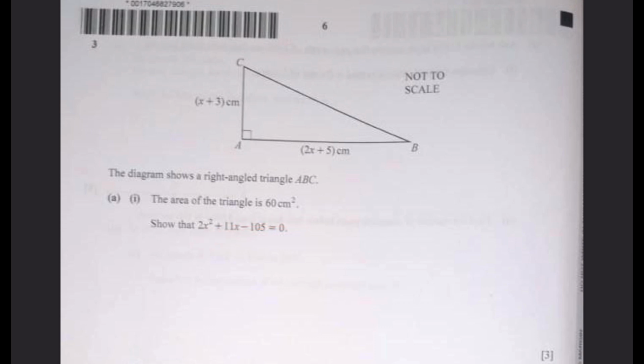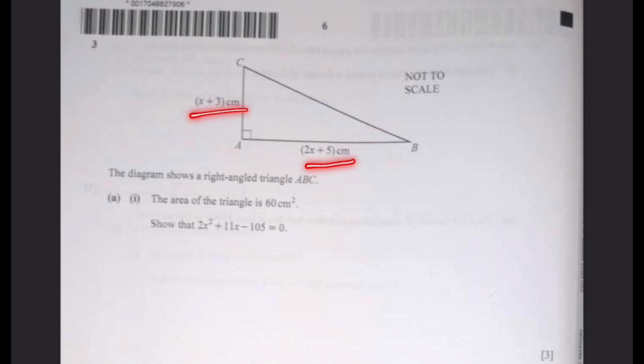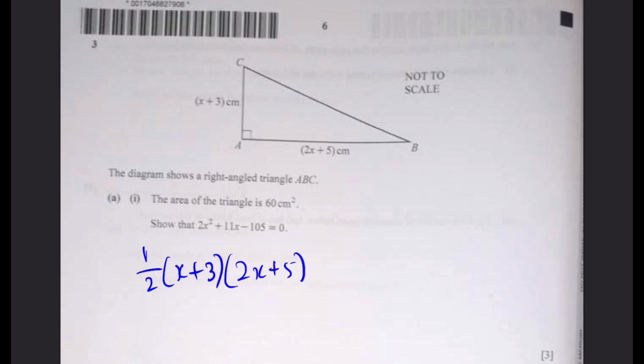So what it's asking to show is that the area in the formula is equal to the area of the triangle given. So half BH, which is half into x plus 3, which is the height, into 2x plus 5, which is the base, is equal to 60. Now we can expand this, so half into 2x squared plus 11x plus 15 equals 60.